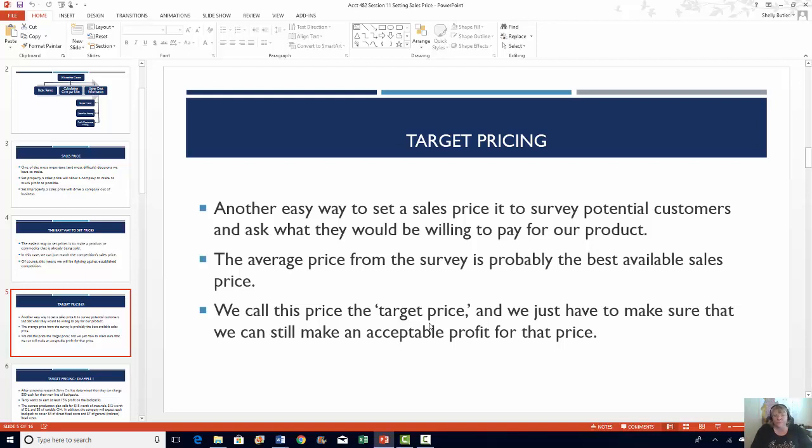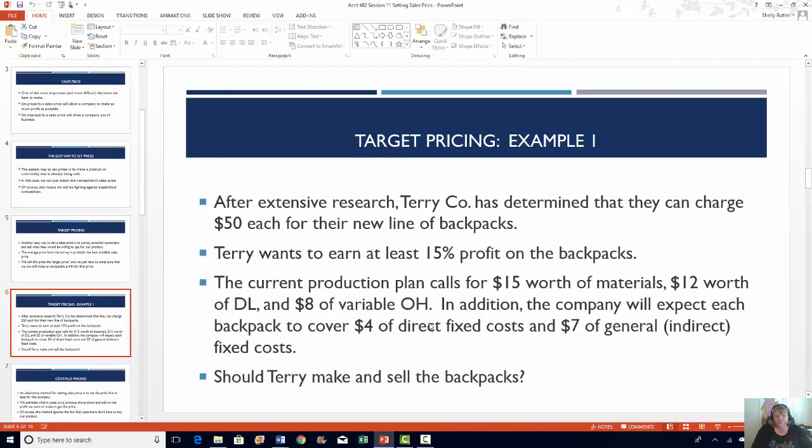Average is just a good quantitative point to pick. Now we call this price the target price, and we just have to make sure that we can still make an acceptable profit for that price. So we have to do the math. It's like, okay, this is what they'll pay. Can we make a profit on our product?